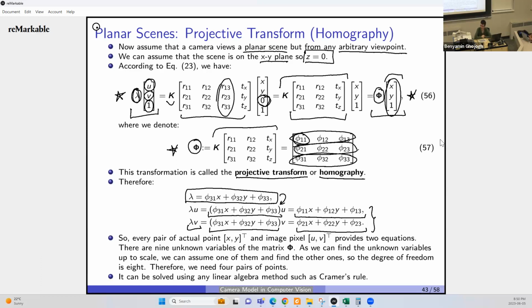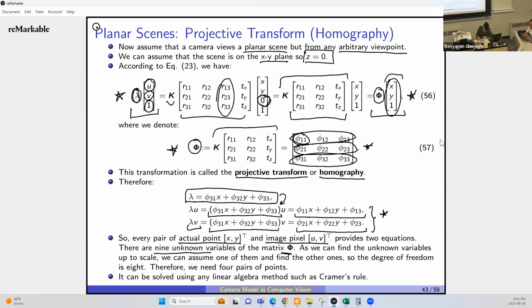I know this is repetitive, but it is used in different applications in computer vision. Every pair of an actual point xy and an image pixel uv provides two equations. There are 9 unknown variables in matrix phi, phi 1,1 to phi 3,3, right?